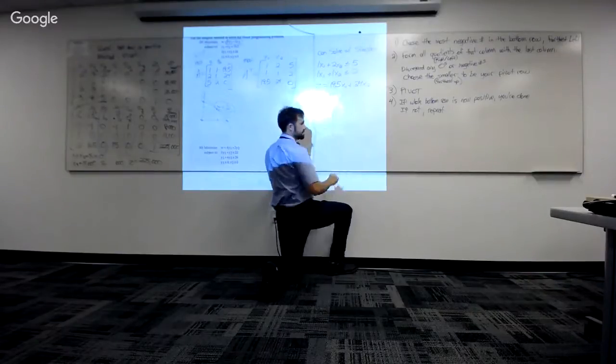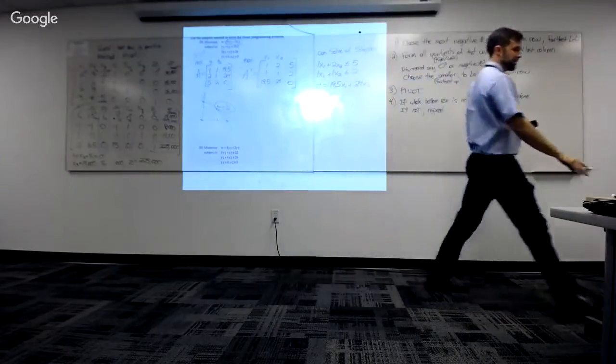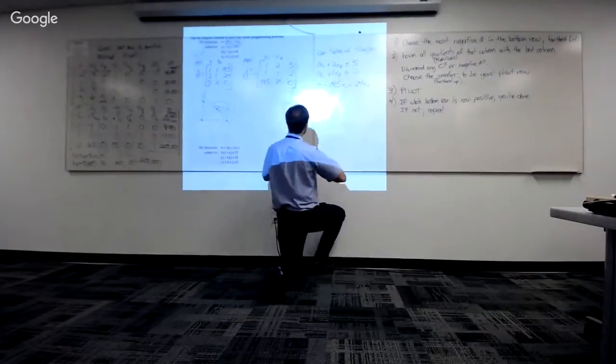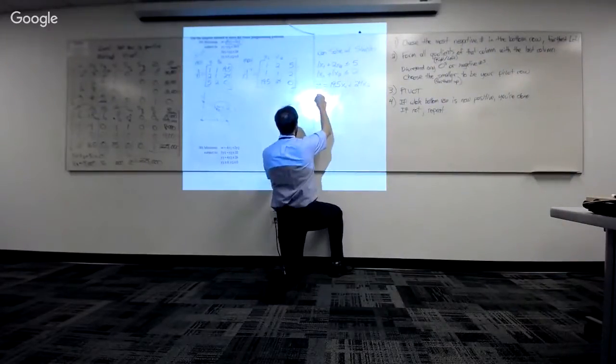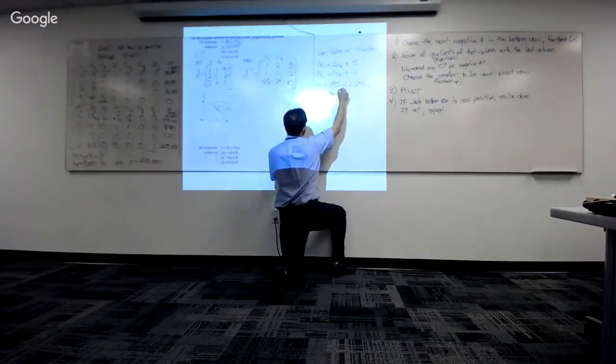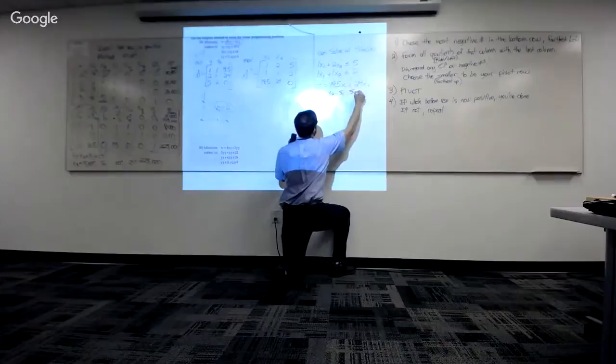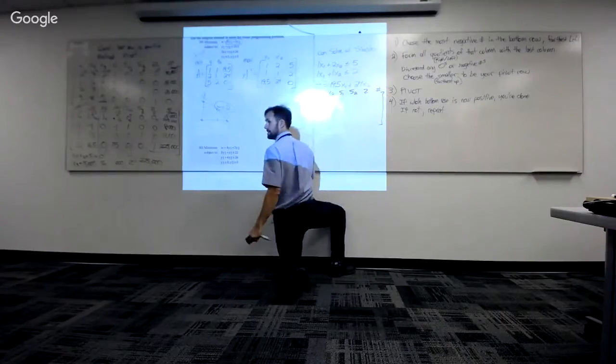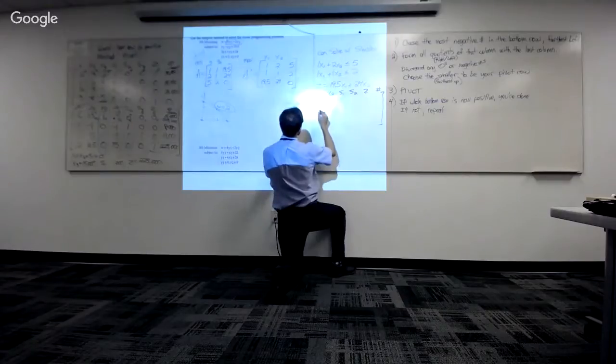So let's make our matrix. Here's our matrix. It's going to be x1, x2. We have 2 constraints, so 2 slack variables, s1, s2, z, and the numbers. And so our first inequality is 1, 2.